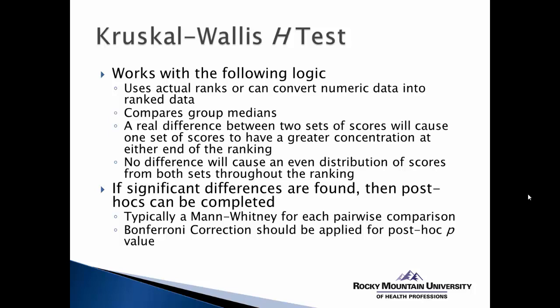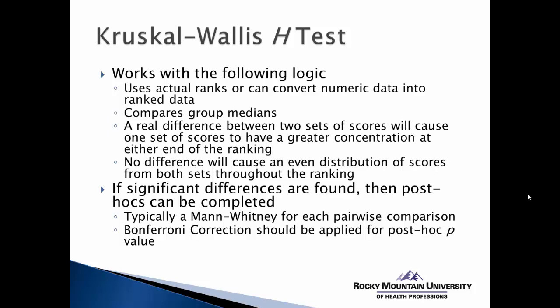And so if we have groups of scores that have a greater concentration, Group A has a greater concentration at one level of ranking versus Group B, and then versus Group C, then we're going to see significant differences. If there's no difference in the distribution of scores, then there's no difference between the groups, and there we've met our null hypothesis, where we can accept our null hypothesis.